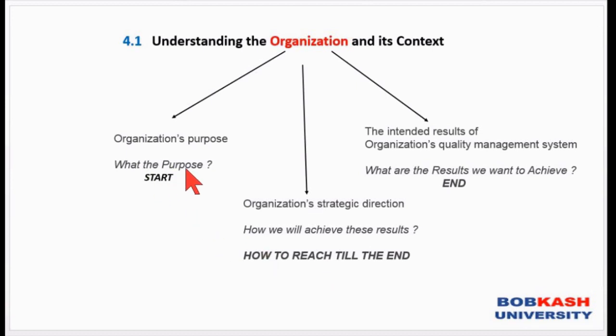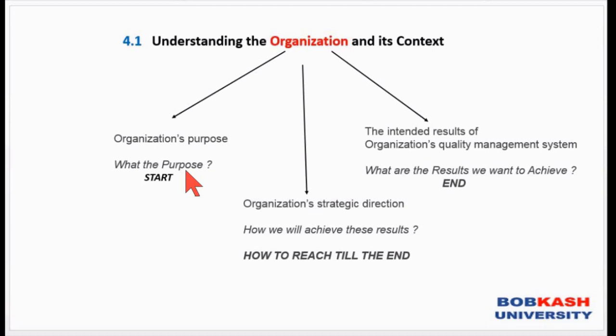So this is the start. What is the purpose of the organization? Is it manufacturing some product? Is it delivering some service? Is it making a sub-assembly for an end client? So what is the purpose? What is the vision?